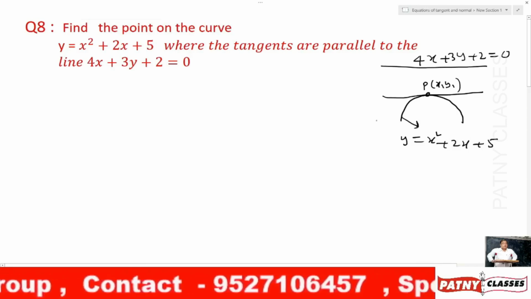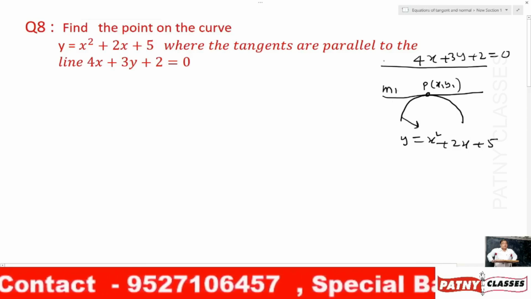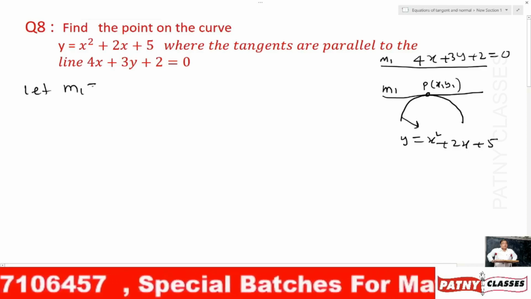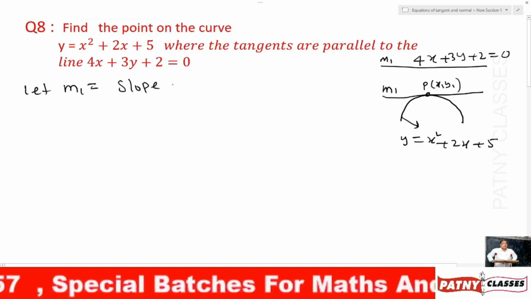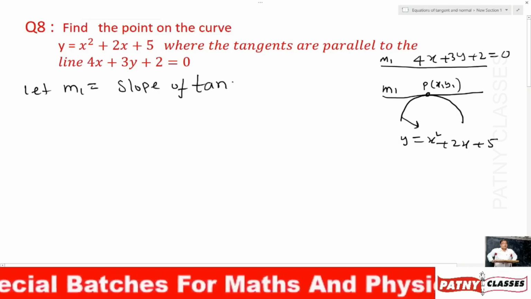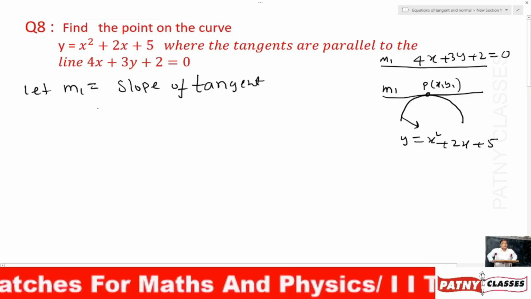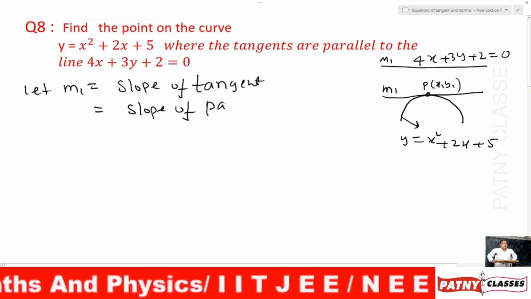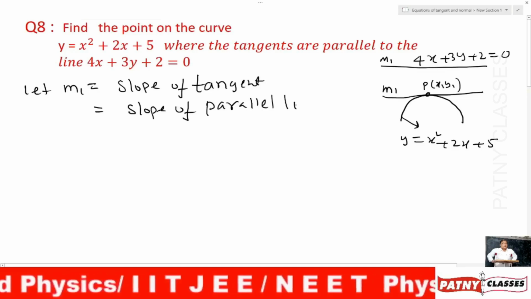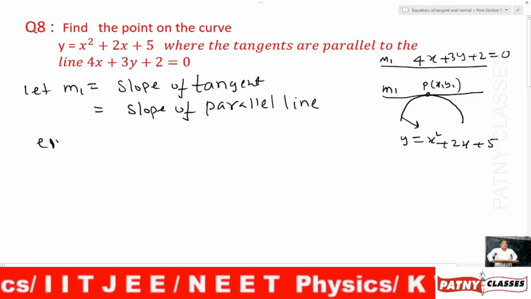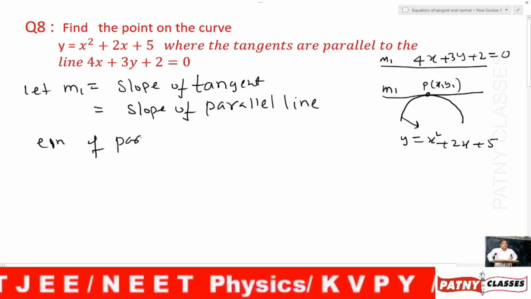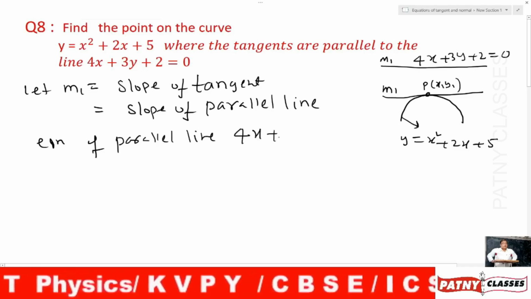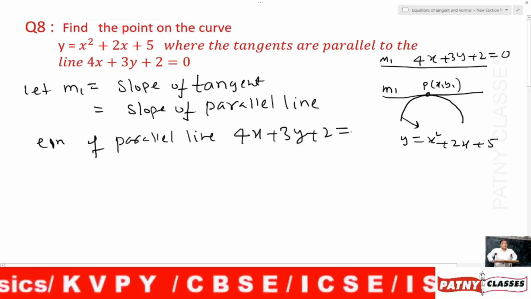Here the concept is that slopes of parallel lines are equal. So let m1 equal the slope of tangent. So the slope of tangent equals the slope of the parallel line. What is the parallel line? The equation of the parallel line is given as 4x plus 3y plus 2 equals 0.